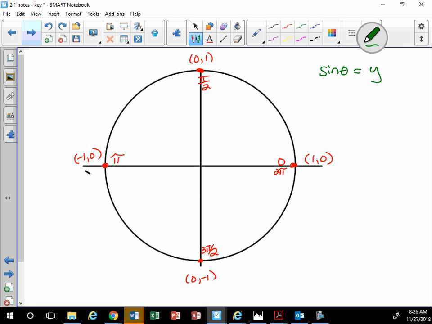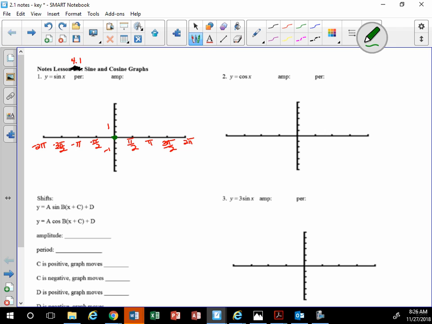Okay, when I go to pi over 2, so the input is your radians. When I'm doing pi over 2 radians, what is the y value there? In other words, what's the sine of pi over 2? Yeah, 1. So at pi over 2, I'm at 1. What's the sine going to be when I'm at pi? 0 again, good.